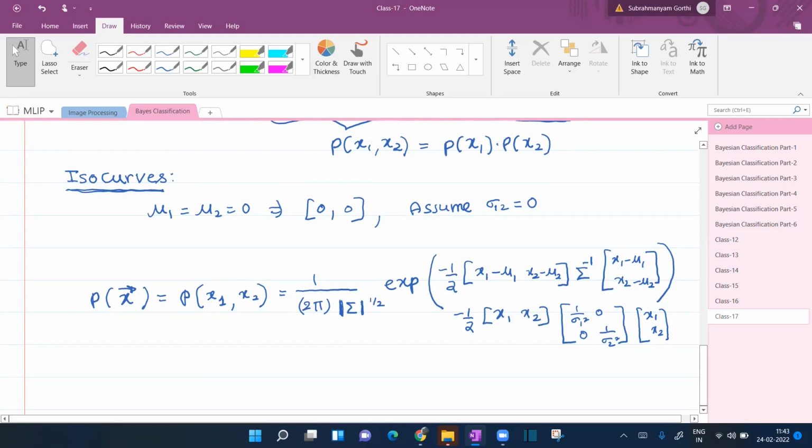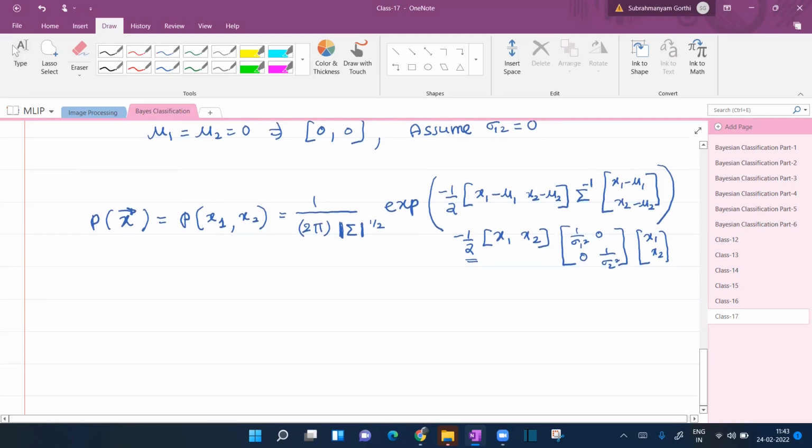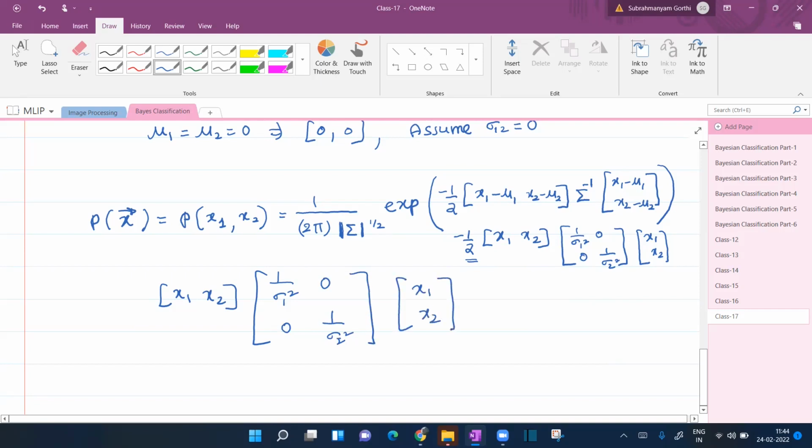Good. So now all I want to see is, forget about this being a constant. I could even ignore the minus 1 by 2 there. I would like to see which are all the points that have the same value. So what I mean by that is x1, x2, 1 by sigma 1 square, 0, 0, 1 by sigma 2 square, times x1, x2.